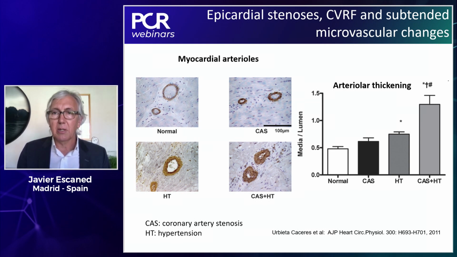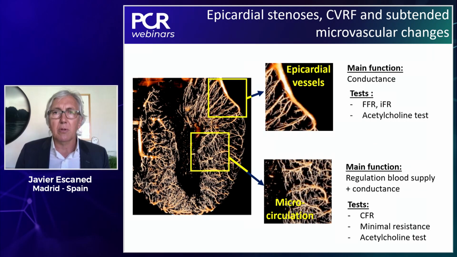And this is demonstrated very nicely in this study, where you can see the structural changes in the microcirculation in patients who are not hypertensive and patients who have hypertension, and more importantly, how this structural remodeling becomes exacerbated in hypertensive patients whenever they also have epicardial coronary artery disease. So, in other words, there is a summative effect of the epicardial atherosclerosis and subtended changes in the microcirculation probably induced by the cardiovascular risk factors.